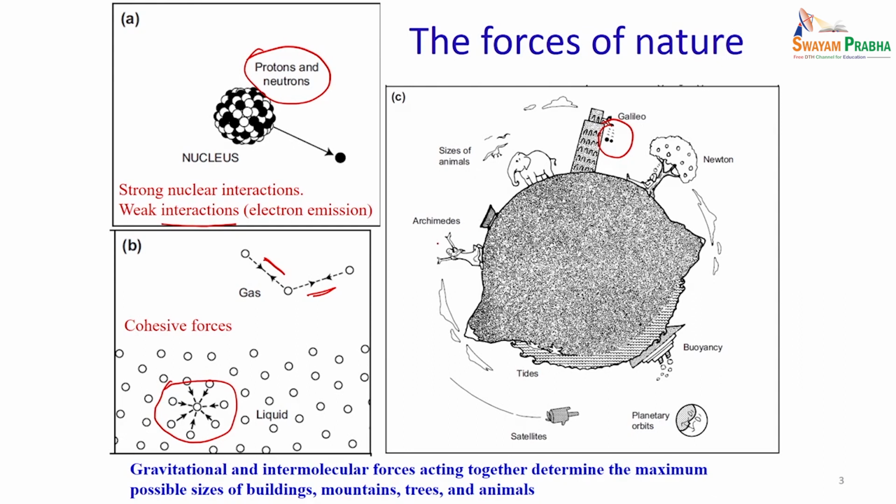Also, Archimedes saw that if you put something in water, you experience buoyancy forces. A classical example is Newton: if something falls from the top, the example of an apple falling from the tree, this is again an example of gravitational forces.